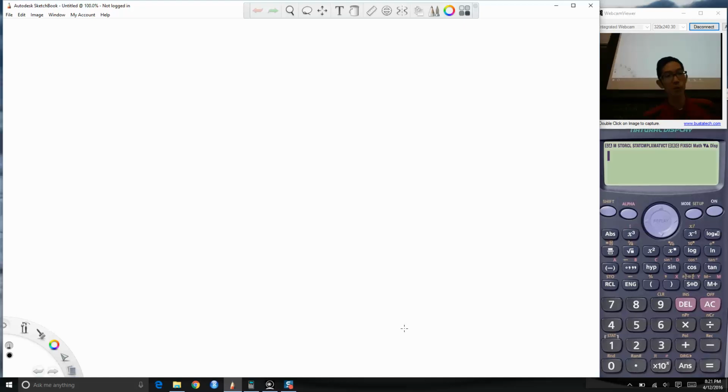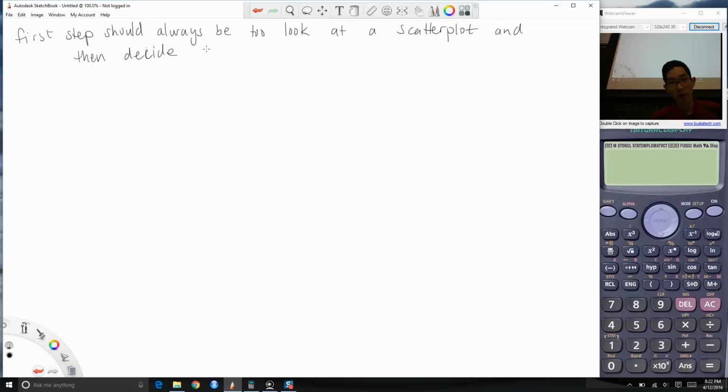So your first step should always be to create a scatter plot, or see if a scatter plot has been made, and then decide if a linear relationship works.